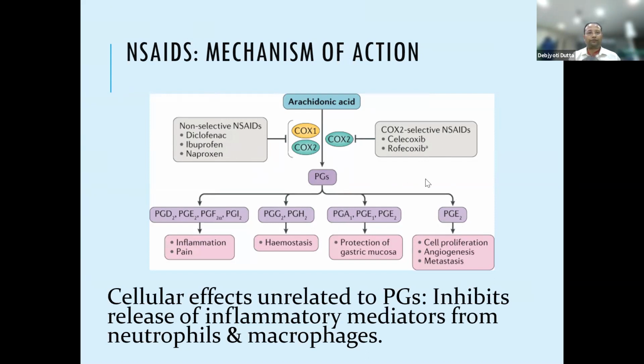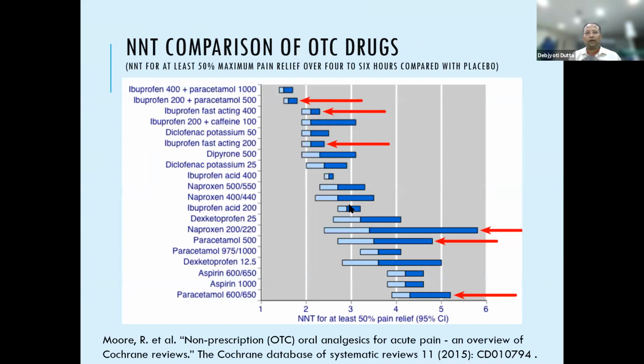Okay, there is one NNT comparison of many NSAIDs, and paracetamol is also there. This is just for comparison, to see which is the most effective drug. It has been shown that the ibuprofen paracetamol combination is most effective, because it has the lowest NNT.